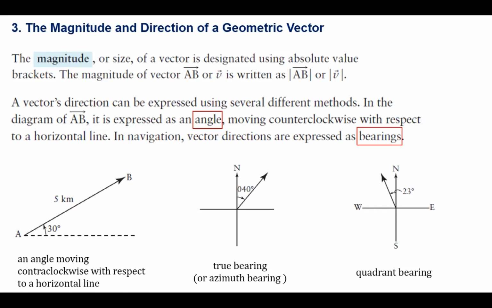So there are two types of bearings, which we'll have a look at in the next lecture slides. One of them is called true bearing, and the other one is called quadrant bearing. So simply speaking, there are three ways we can express a vector's direction geometrically, either using an angle moving counterclockwise with respect to a horizontal line, or use a true bearing, or use quadrant bearing.